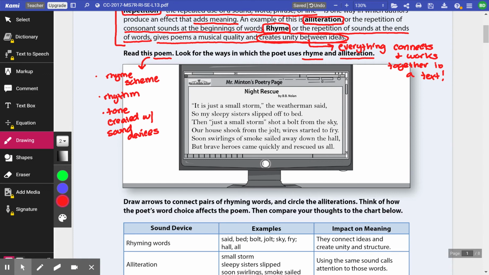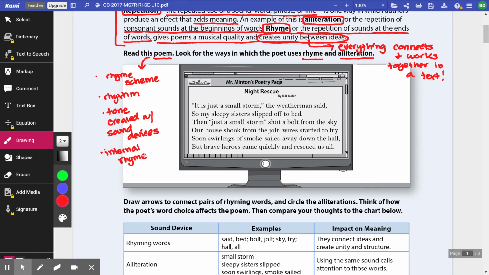Another thing I want you to keep in mind with poetry is that it could potentially have a rhyme scheme. We're going to have to look and see if it does. But there are other things that can rhyme within a poem. The rhyme doesn't have to come at the end of every line. There could also be words that rhyme within the poem, and this is called internal rhyme.